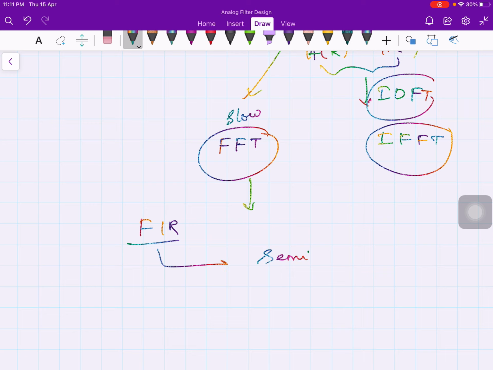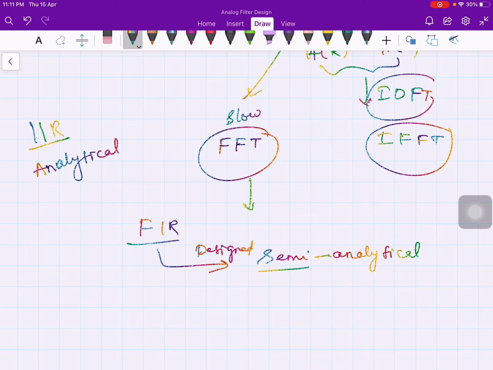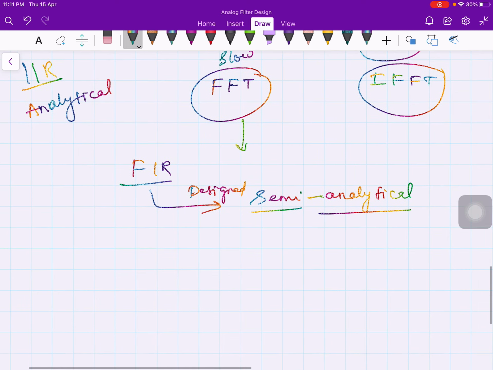So the FIR filter is designed using a method called semi-analytical methods. It is not an analytical method, it is a semi-analytical method. On the other hand, for the IIR filter, we used analytical methods, but here we use the design procedure called semi-analytical methods.